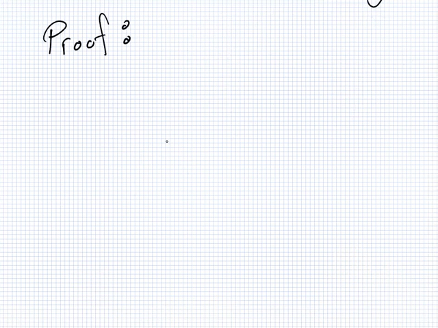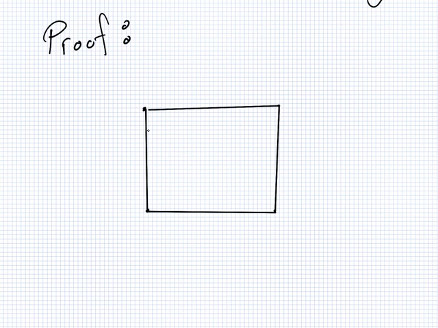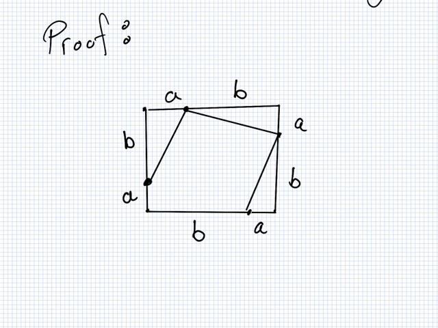Okay, so what we'll do first, we'll just draw a square. And we'll call this side here A, and this length is B. And this is A, and this length is B. And we'll draw here A to A. Now, it's not a great picture, but that's also a square.